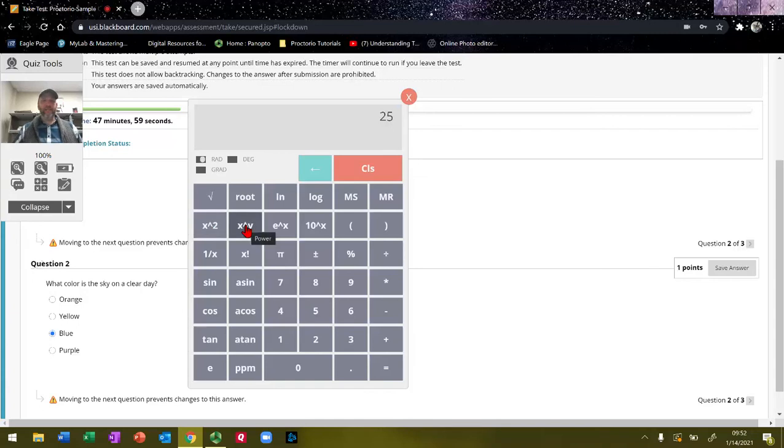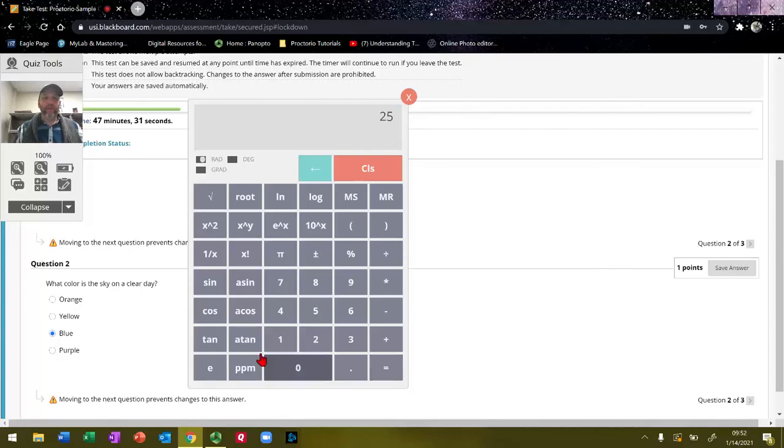Now something like this, the way this works is you hit the number first. Let's do 5 to the second power. So we're going to clear this. We hit 5, we then hit the command, and then we go back and hit 2, and then equals, and that gives us 25.